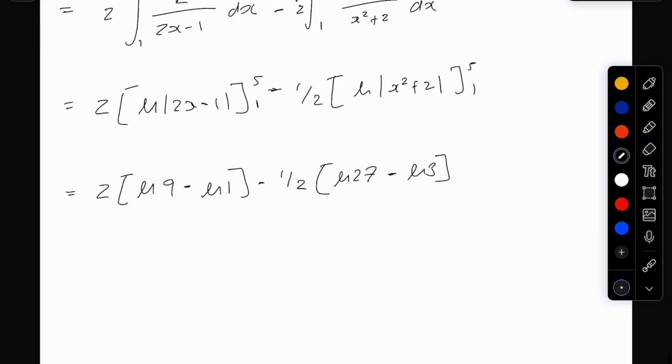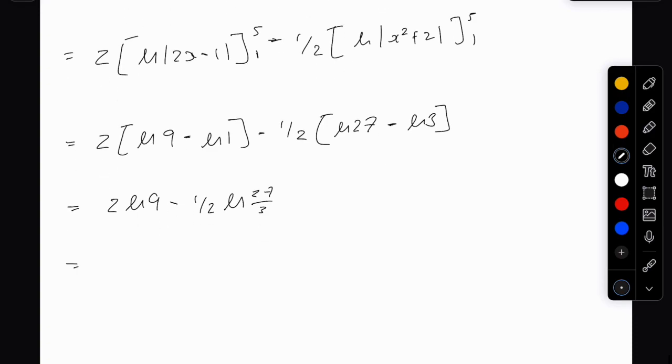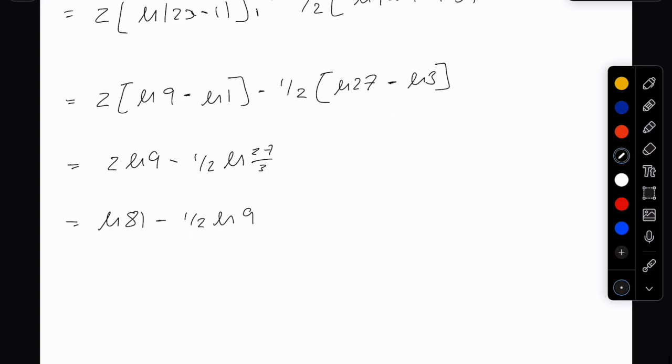This is going to be what? It's going to be 2 ln 9, minus a half of ln 27 over 3. Which is going to give me what? This is going to simplify now using the log rules to ln 9 squared, which is ln 81, minus a half ln 9, which is the same thing as saying ln 81 minus ln 9 to the power half.